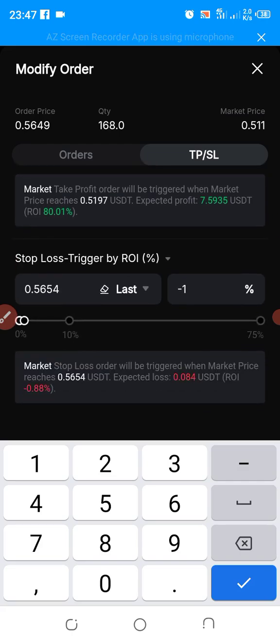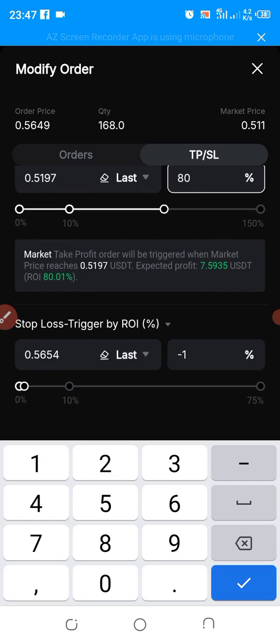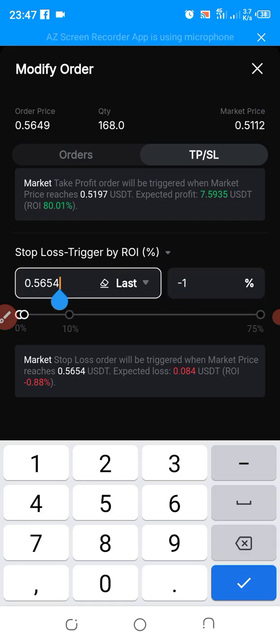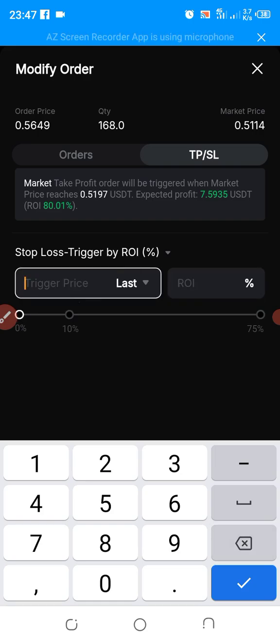Then you come here, because the trade is giving you profit already, and click on this price here. You are going to secure part of your profit.